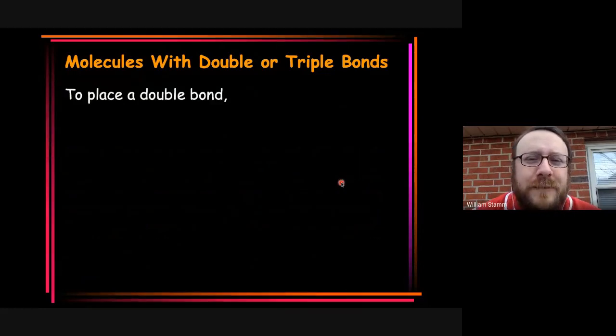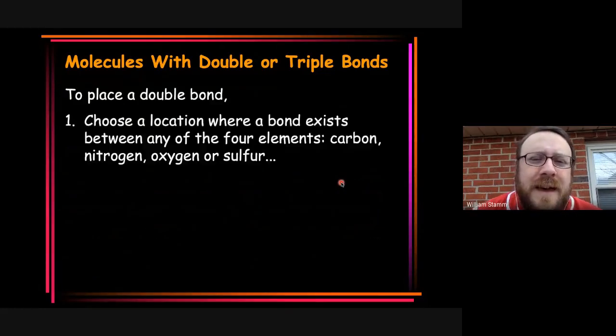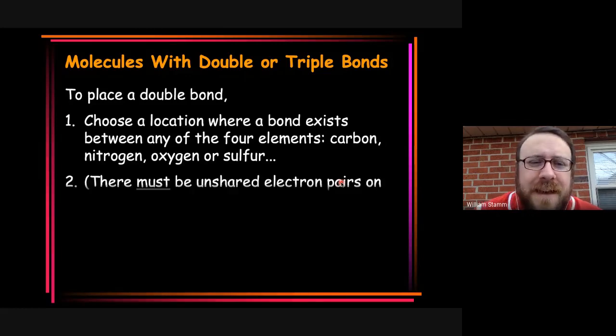So what does this mean? Let's see how we place a double bond using our system. You've already counted your dots, and there are more dots than the number of valence electrons you're supposed to have. You see your element is a carbon, nitrogen, oxygen, or sulfur. So you should think to yourself, I might want to place a double bond, because a double bond can get rid of some of those dots, and that's what we want to do.